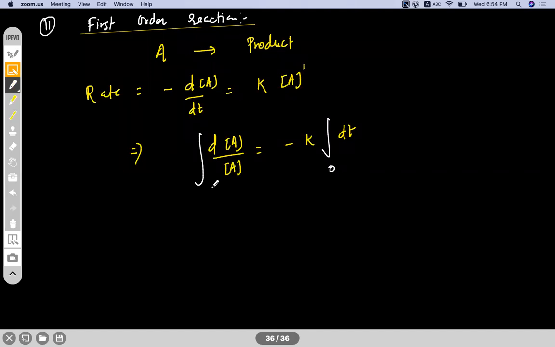When time t is equals to 0, the concentration I'm assuming A naught. When time t is equals to t, the concentration is AT. And when you solve this, you'll get K is equals to 1 by t ln A naught by AT.